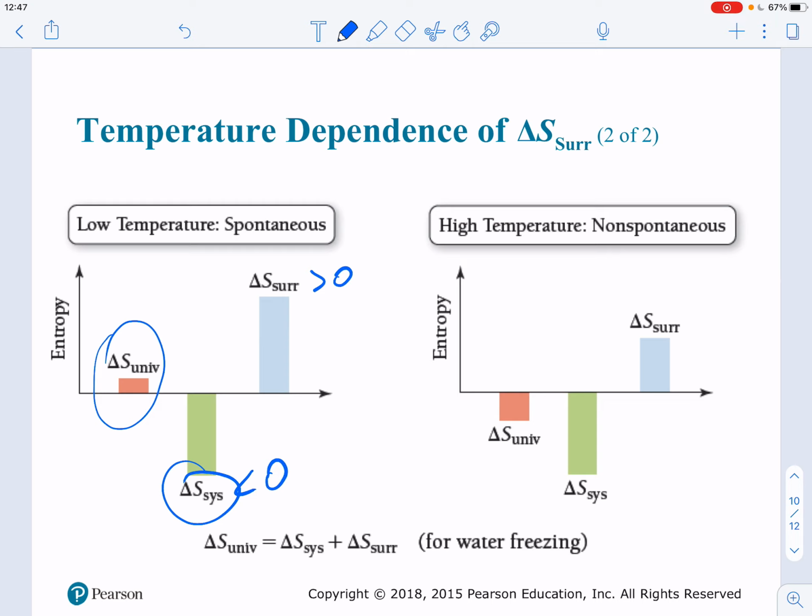However, in this other case, the change in entropy for the surroundings is still positive, and the change in entropy for the system is still negative. However, the magnitude here, this height, if you will, is smaller than this one.